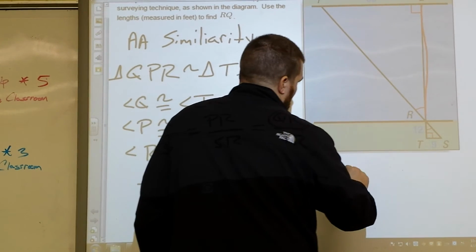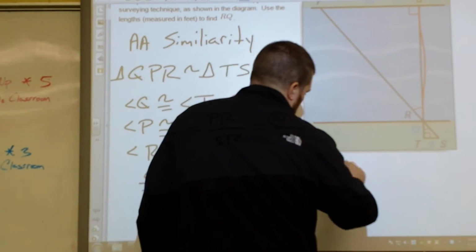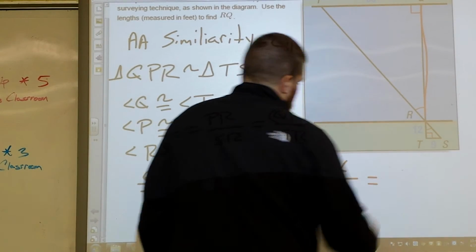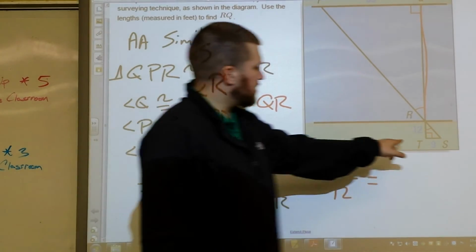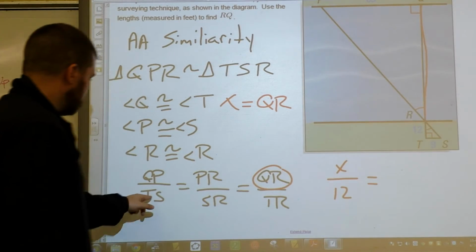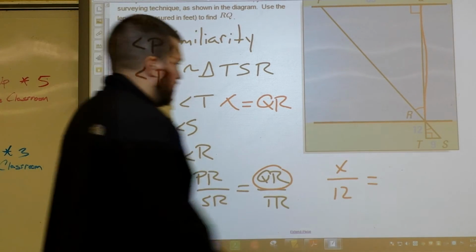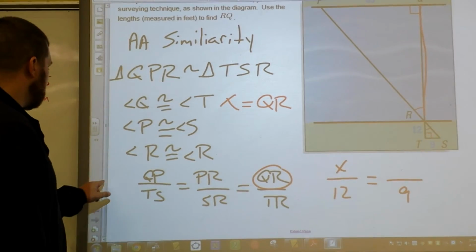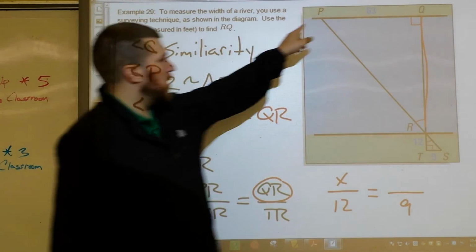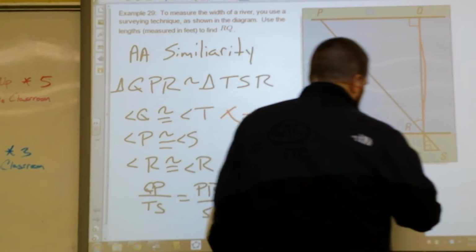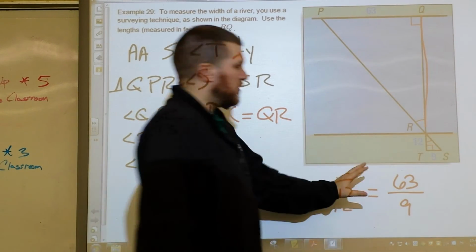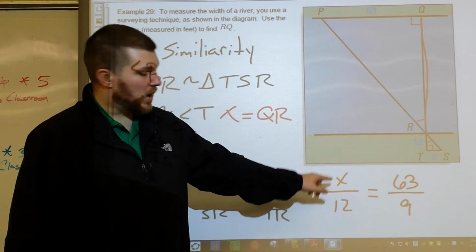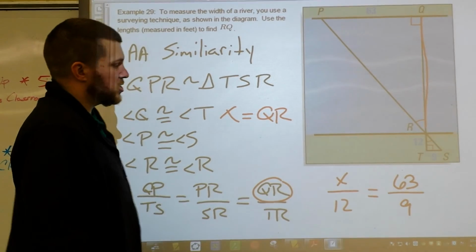So I have X over 12 is equal to, now we know this side, TS. So TS goes with the first fraction and 9's on bottom. TS matches up with QP, which is at the top of my picture, 63. Well, now I've created a proportion. My variable is already on top, so I'm ready to just start cross multiplying.